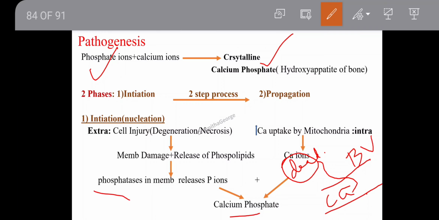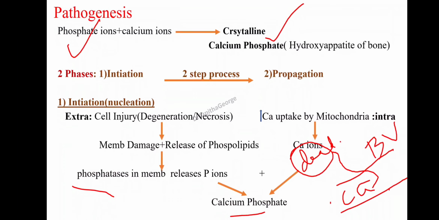The phosphatase enzyme. So what are we getting in the end? Phosphate ions. And how are you getting the calcium? Calcium is there, right? Because calcium has a severe attraction to the phosphate ions. Calcium will go and suddenly bind with the phosphate ions. And what forms?